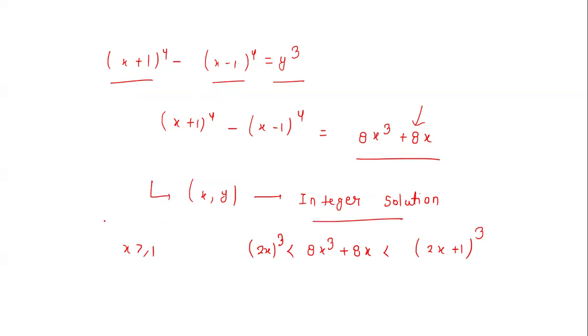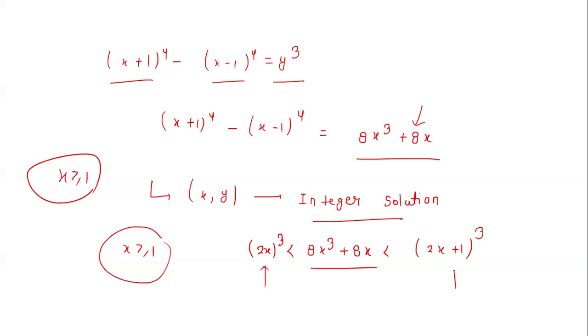So we are first looking at the case where x is greater than or equal to 1. In that case, we can say that 8x^3 + 8x lies between (2x)^3 and (2x+1)^3. We can easily say that because (2x)^3 is 8x^3, so this is obviously greater than that. And if you expand (2x+1)^3, you can find that it is greater than this quantity.